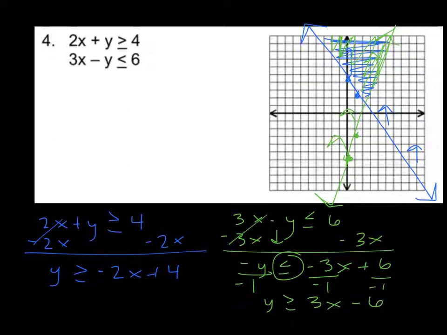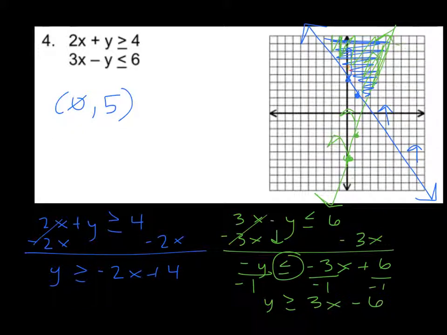For example, one of the solutions for this inequality could be, let's say, 0, 5. Because 0, 5 falls right, 1, 2, 3, 4, 5 is right there on my coordinate plane, which is in the overlapping shaded region.